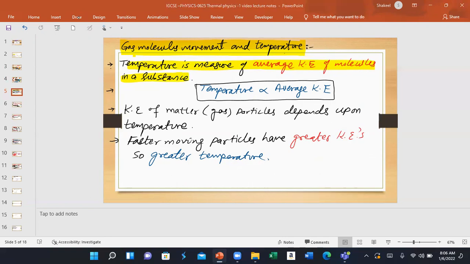Average means you find the kinetic energy of all the molecules, and then divide by the number of molecules. That's how you get the average. So the temperature of the substance is proportional to the average kinetic energy of one atom or molecule. So the kinetic energy of the gas particles depends upon temperature. Faster moving particles have greater kinetic energy, so they are at greater temperature.